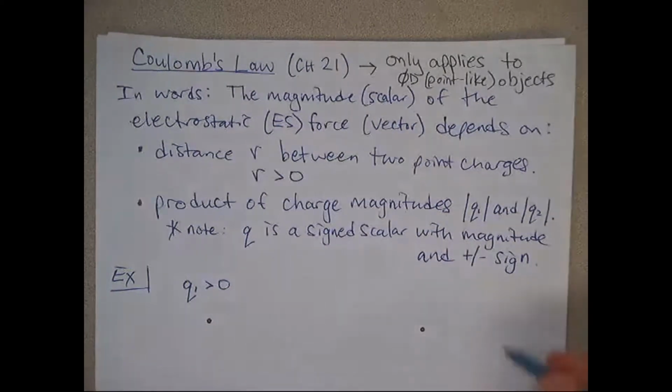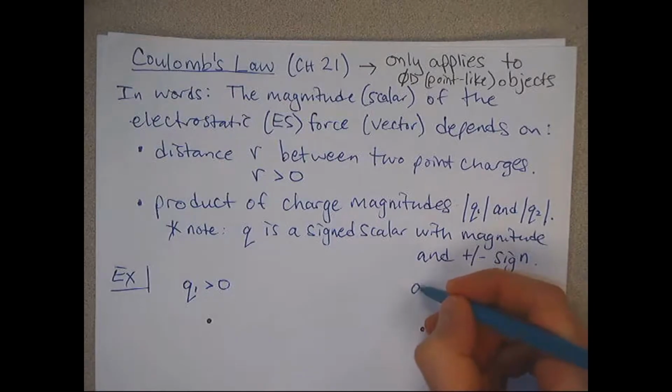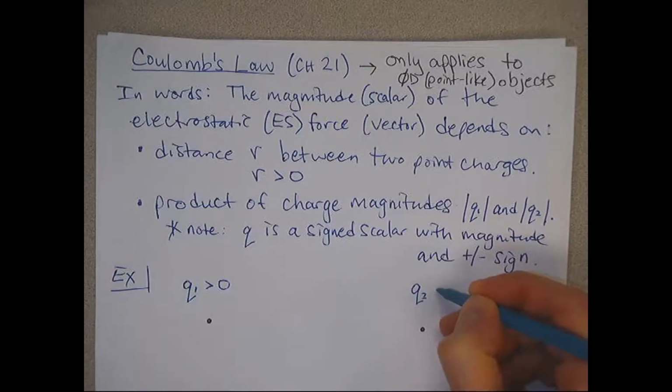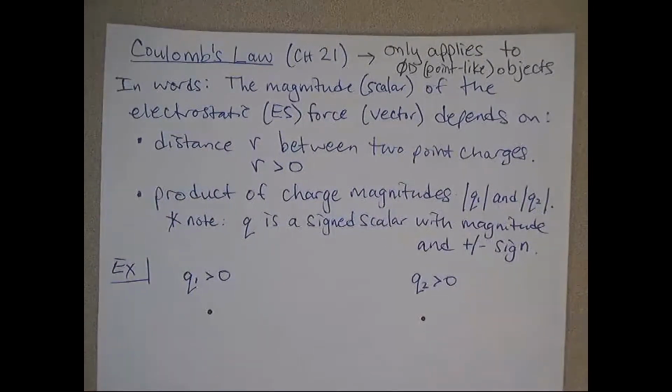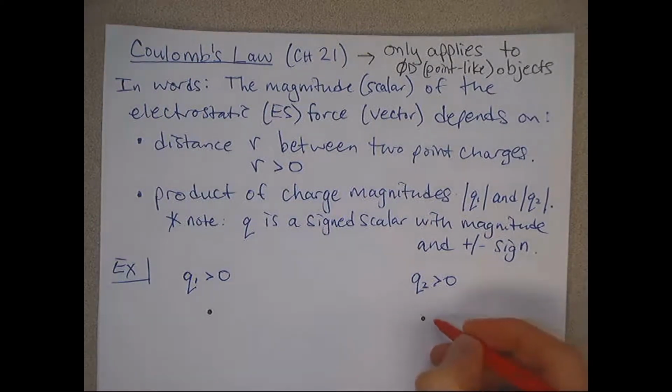So we'll take an example where both charges Q1 and Q2 are positive. So you should be able to tell me at this point that their force on one another should be a repelling force.